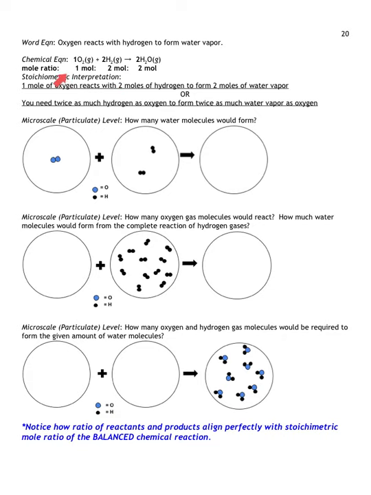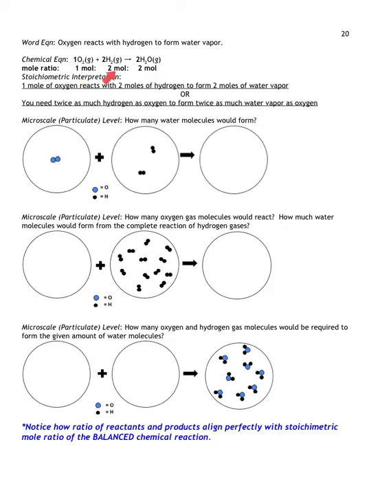Now we go to microscale. You can actually interpret it as 1 molecule of oxygen reacts with 2 molecules of hydrogen to form 2 molecules of water vapor. So you can interpret it macroscopically in moles or microscopically in molecules, atoms, or formula units, depending on the substance. But the key is to understand these proportions.